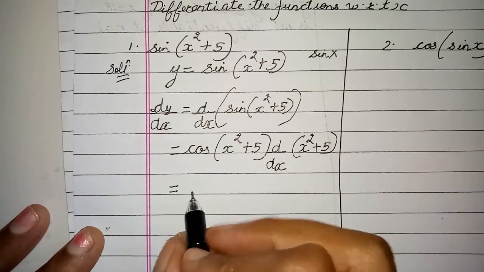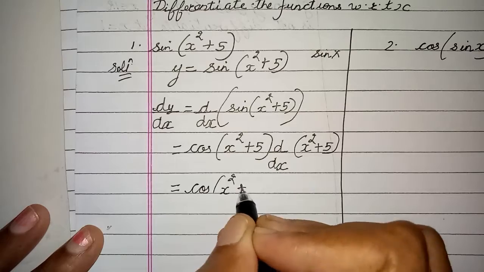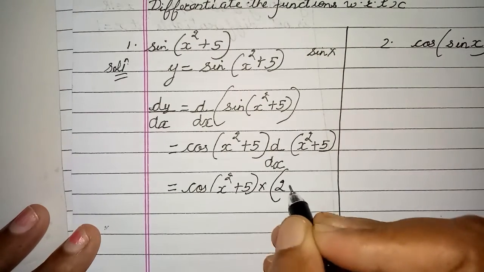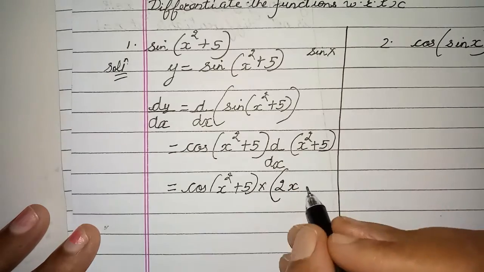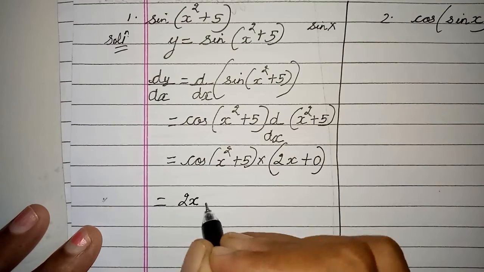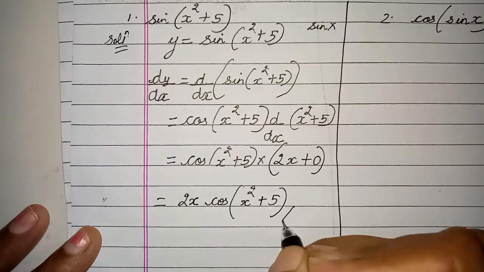So this is your u into v rule. This will give you cos of x square plus 5 into the derivative of x square, which is 2x, n into x raised to n minus 1. The derivative of a constant is 0. So this amounts to 2x into cos of x square plus 5.